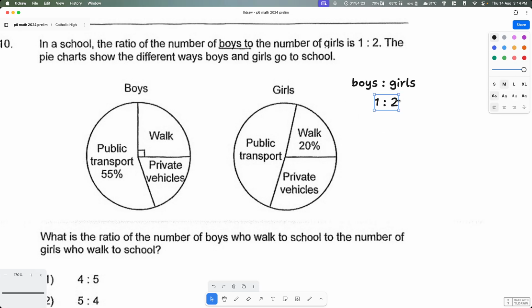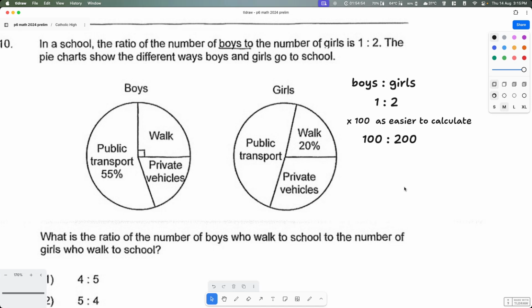I'll multiply by 100 as it's easier to calculate, so 100 and 200. Pretty straightforward.